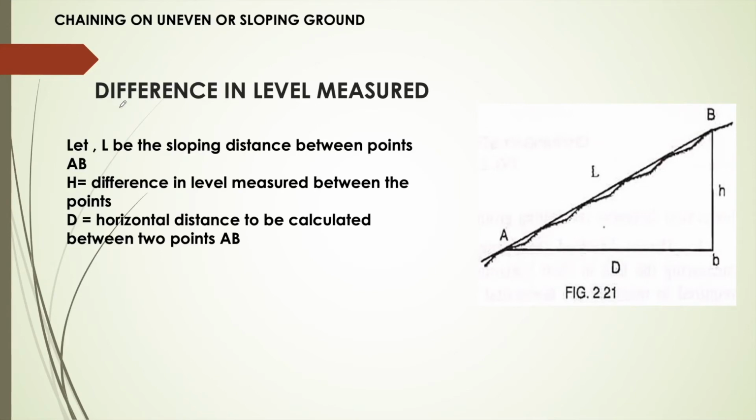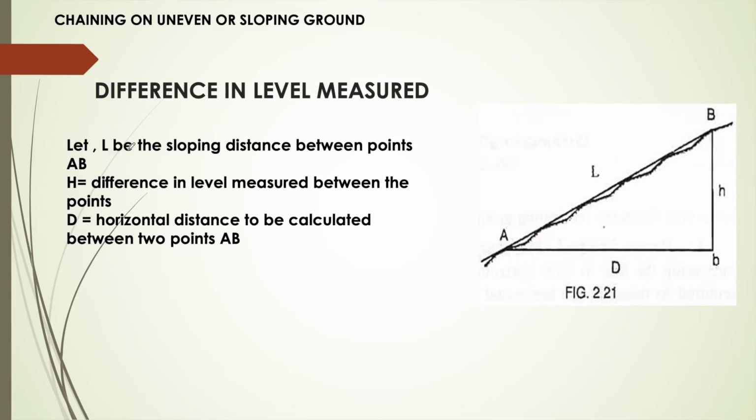The next is difference in level measured. Instead of measuring the sloping angle, here the difference in level between the 2 points is measured with the help of a leveling instrument, and thus the horizontal distance d is calculated by the hypotenuse theorem.